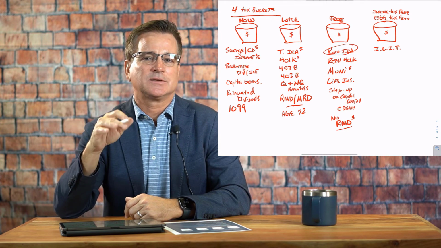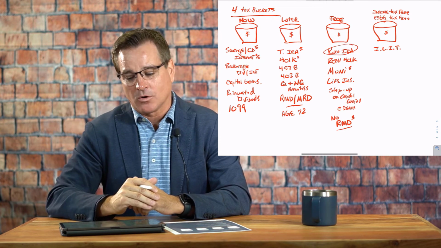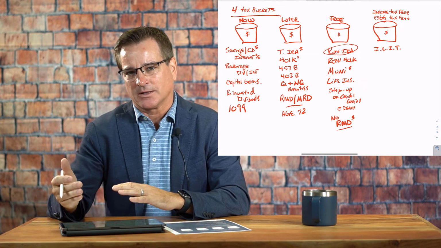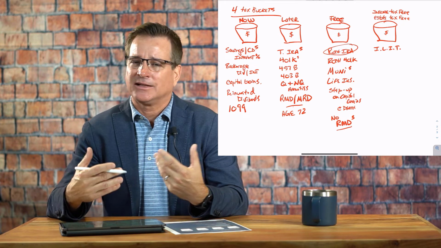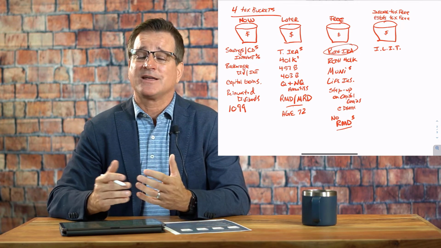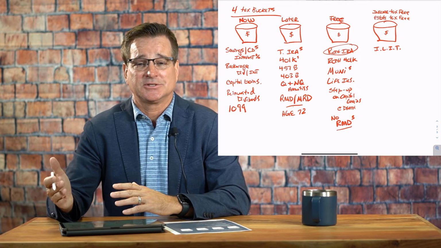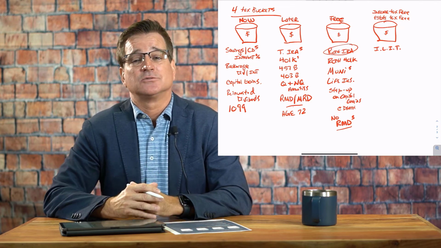So let's spend a little time and understand a little bit more about this fourth tax bucket, because a lot of folks don't think about this. And let's face it, right now we have a very high estate tax exemption. Who knows? That could also change in the future. So let's dive into this one in a little bit more specifics.